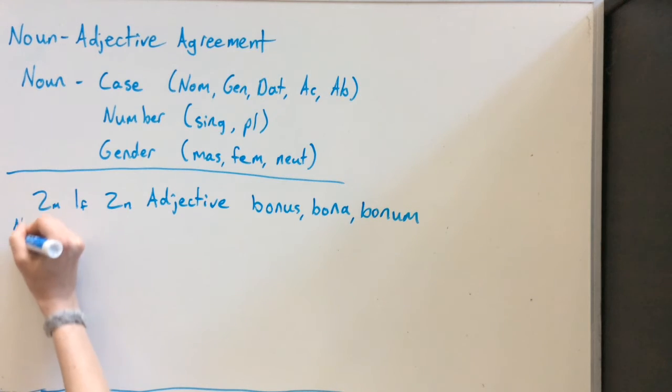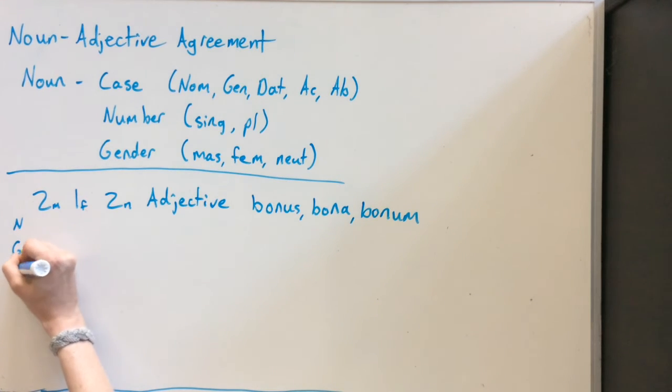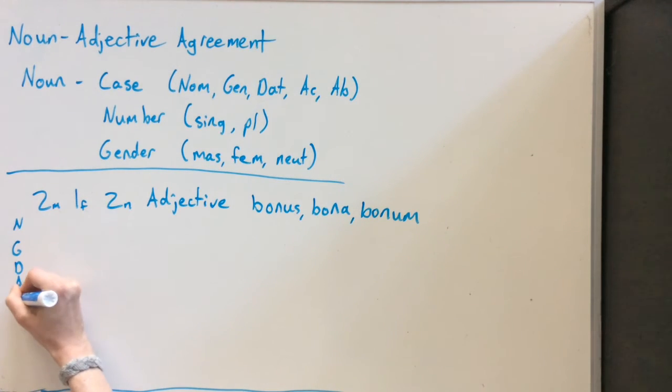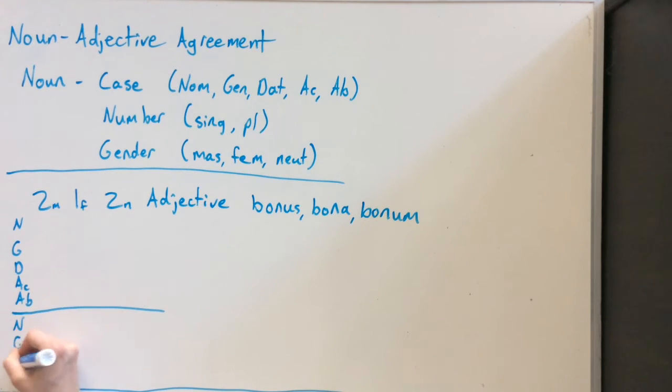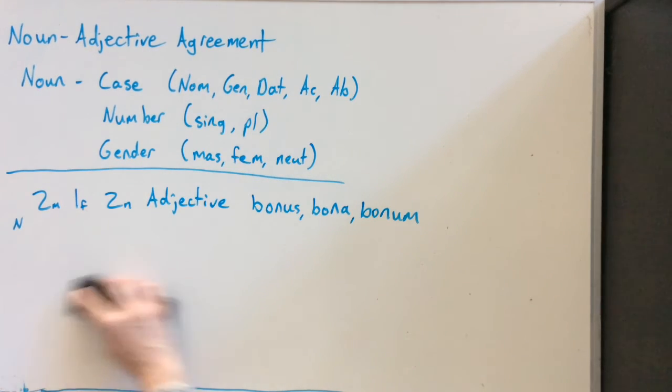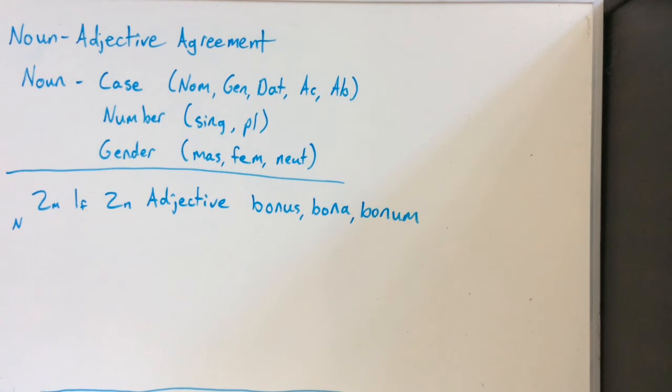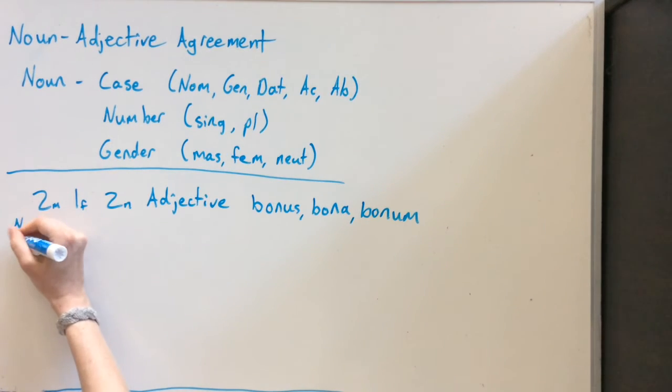Now, if we put out our nominative, genitive, dative, accusative, and ablative twice, with our ablative being a little bit close to the end, let's actually move that up just a smidge. But if we put out these endings, we're going to see that this adjective can have all the options it needs.